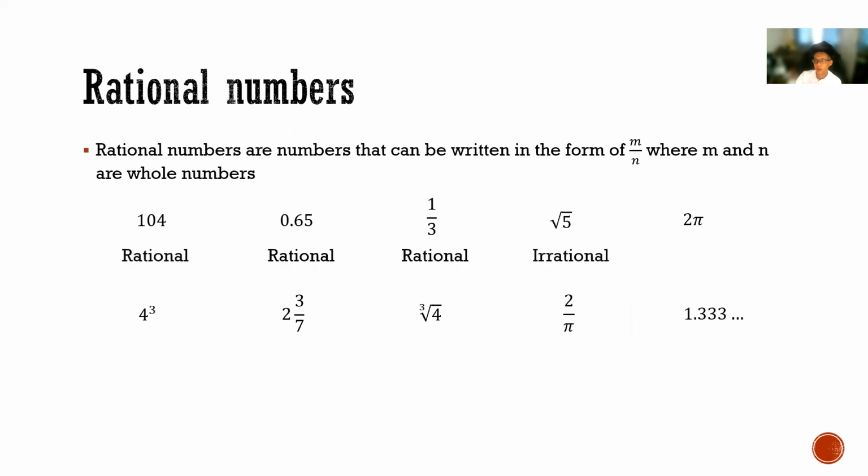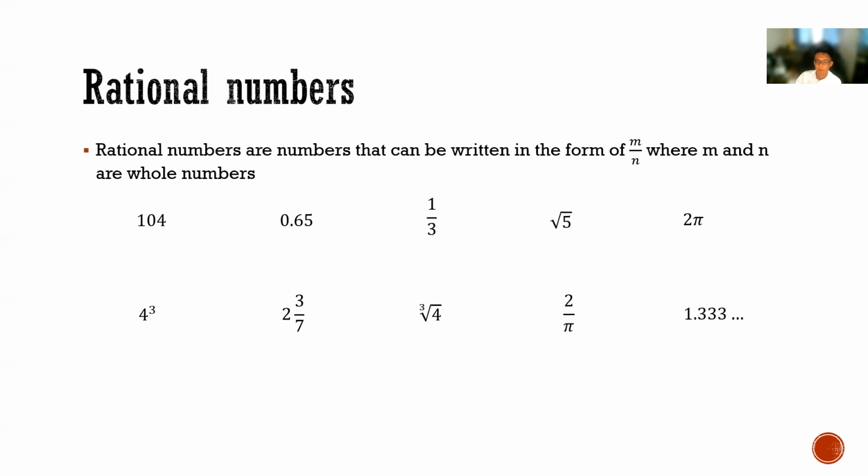Rational and irrational numbers. So remember, rational numbers are numbers that you can put in a fraction form, where the top and bottom are whole numbers.